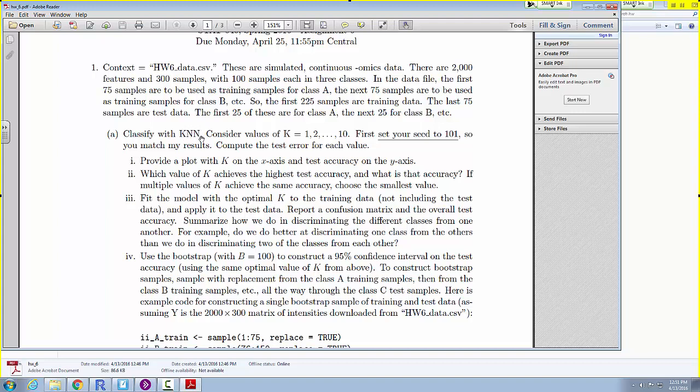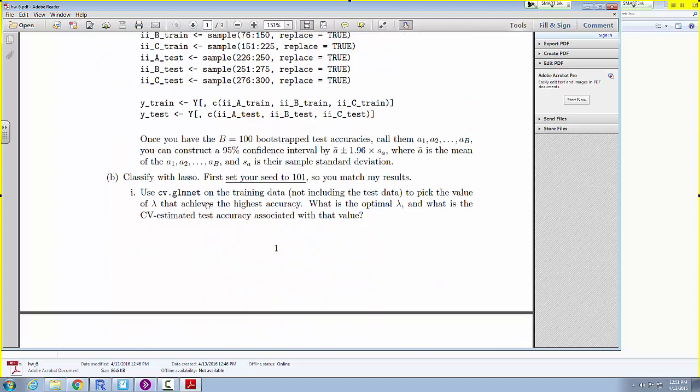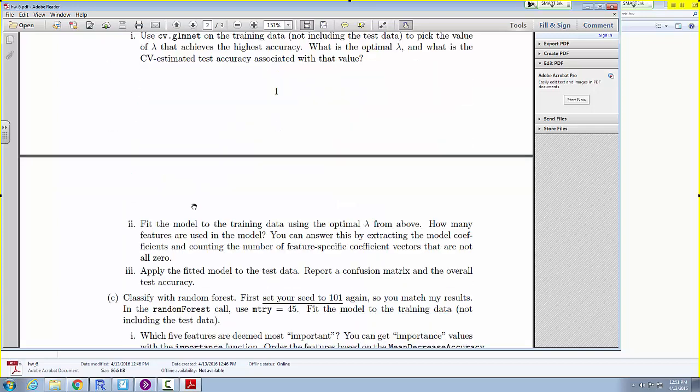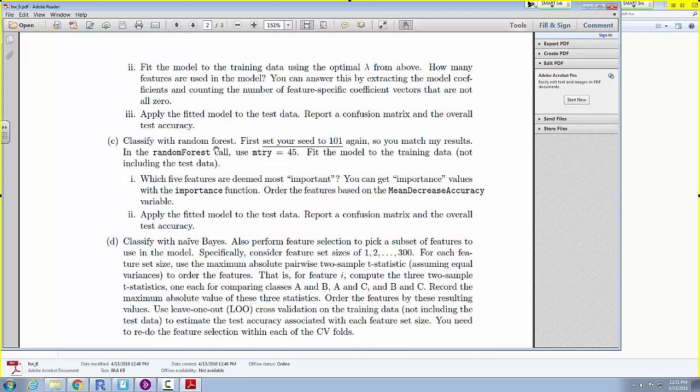K-nearest neighbors, we talked briefly about that last time. So try K-nearest neighbors. That's one method. Try what is essentially logistic regression with a fancy variable selection trick boiled in. It's called the lasso. Try that. Try random forest. This is a tree-based method.